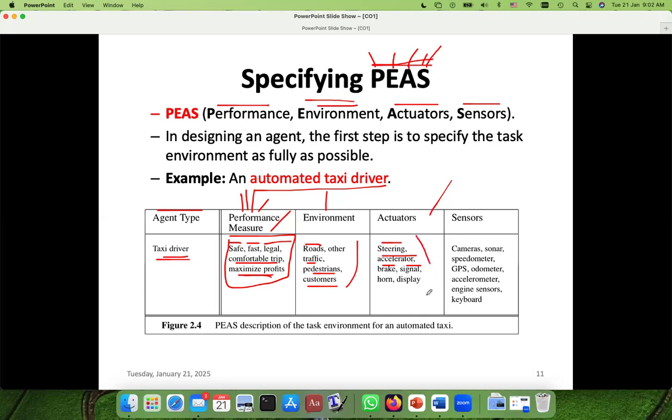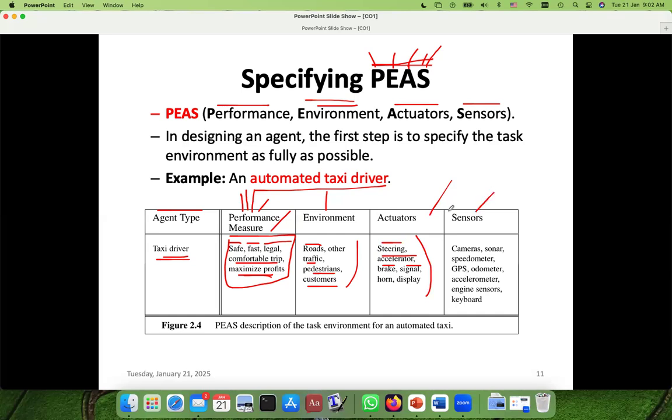So these all are what? These are actuators. Through these things, your agent can perform actions on the environment in different states.